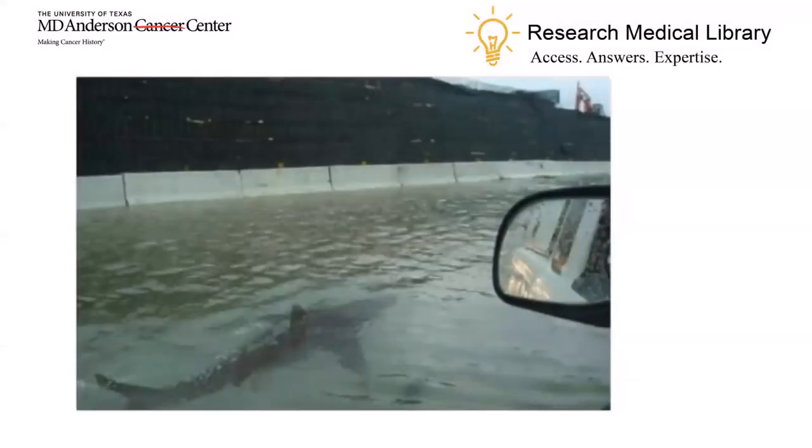So we got the idea for this class after Hurricane Harvey in Houston, where a lot of people posted and reposted this image showing a shark swimming down a flooded Houston freeway. The image, though, was fake, of course, and it's been around for about 10 years now, and people have posted it and reposted it after almost every single hurricane all over the US.